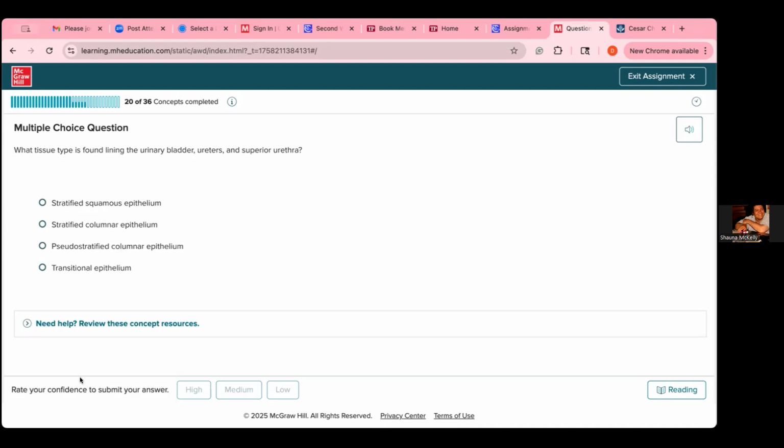Okay. We had this question before. Which type of tissue is found lining the urinary bladder, ureters, and superior urethra?